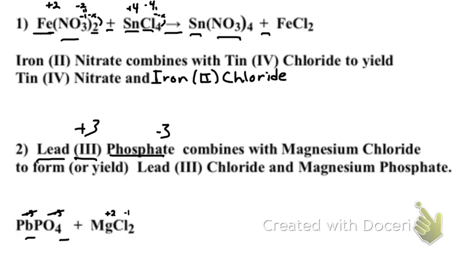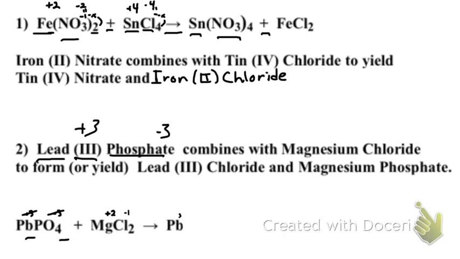Alright, next we go, so we've got magnesium chloride taken care of. So to form or yield is just our yield symbol. And next we have lead 3 chloride. So start off with our lead there. And what does it say the charge is on our lead? Tell the person next to you.